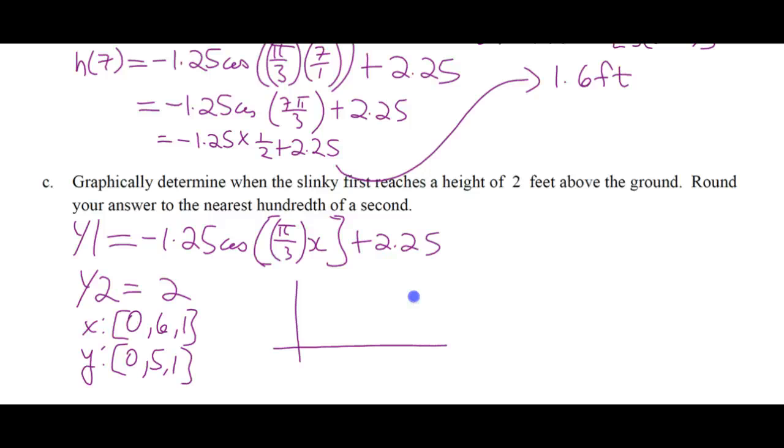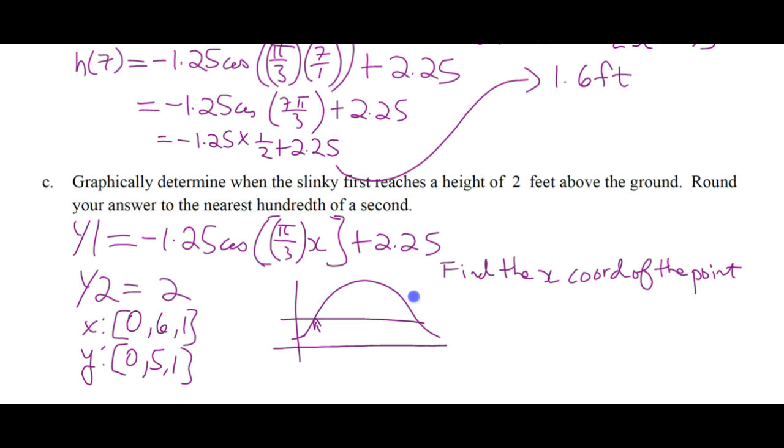So if we want to, we can also sketch this out. So here's what we're looking at. Okay, so let's find the x-coordinate of the point of intersection. And what is it? The slinky, so that's what we're doing.